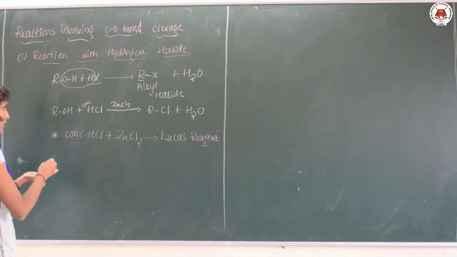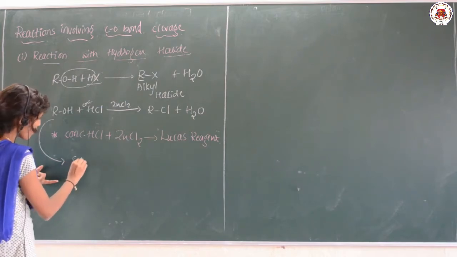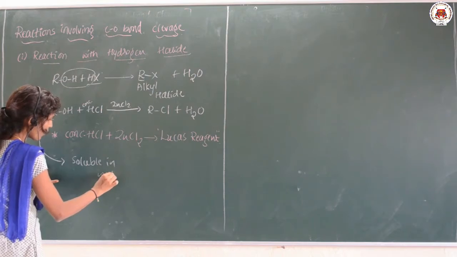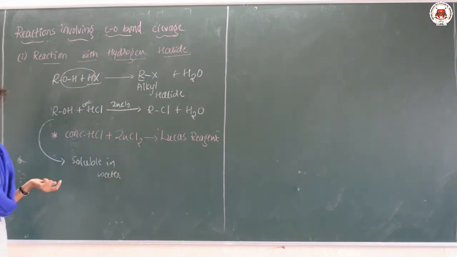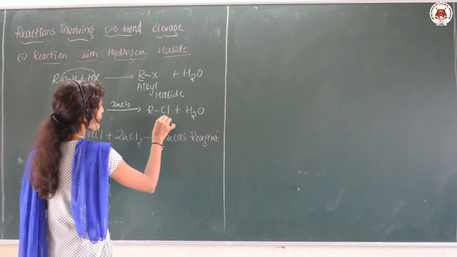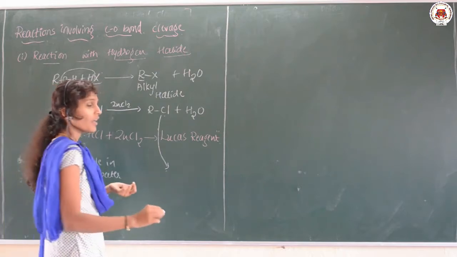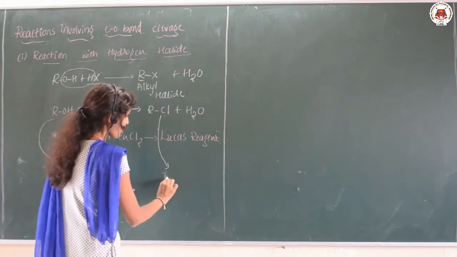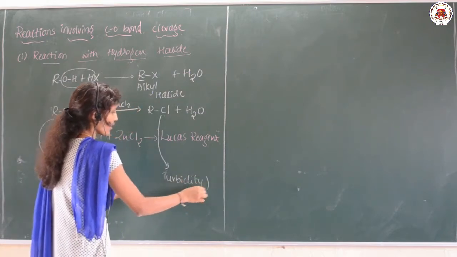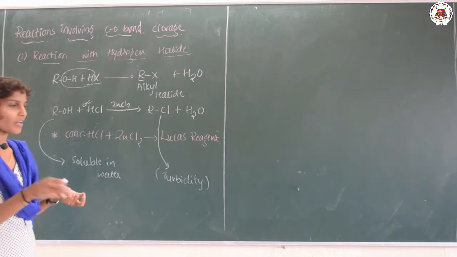Here alcohols are soluble in water because of the formation of hydrogen bonds, while the product, alkyl halide, forms turbidity. These are not readily soluble in water.